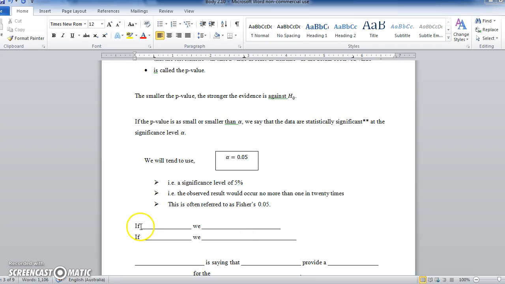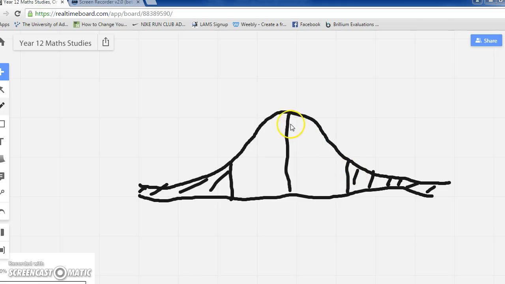So now what we say is if our p-value, the sum of those two areas on the outside, is less than or equal to 0.05, then what that tells us is that for the mean being the same as the mean of normal milk freezing temperature, if this area out here is less than or equal to 0.05, then it's very unlikely to occur, and so that suggests to us that the mean is not the same as the normal freezing temperature mean of milk, but it's actually different.